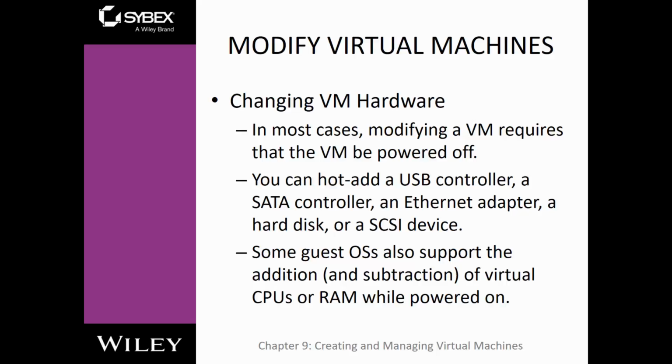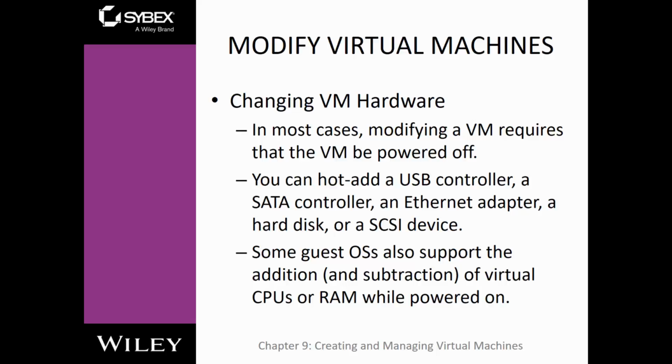We can always change hardware. Changing of hardware typically requires the VM to be powered off. However, in our lab, we're going to see that we can actually turn on hot swappable items so that we can add them while they're on. For example, adding a processor or adding memory while the VM is on. Totally possible, but you have to enable certain features for this to take effect.